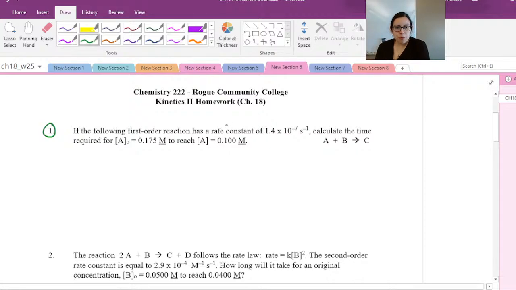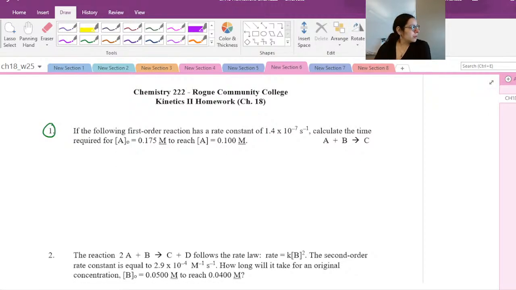We have a first order reaction with a rate constant of 1.4 times 10 to the negative 7 inverse seconds. Calculate the time required if our initial condition is 0.175 molarity: how long will it take to reach 0.1 molarity? You might have to look at Chapter 17.